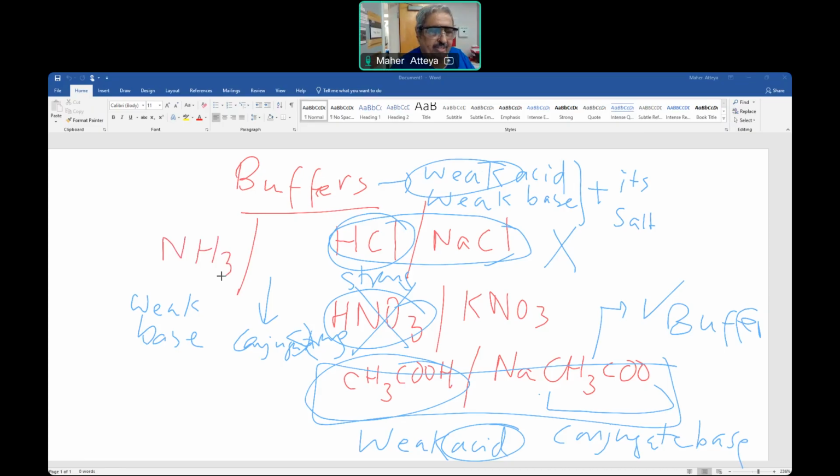Ammonia is a weak base, and ammonium, this one here, is the conjugate acid, right? This is a weak base, and this is the conjugate acid.